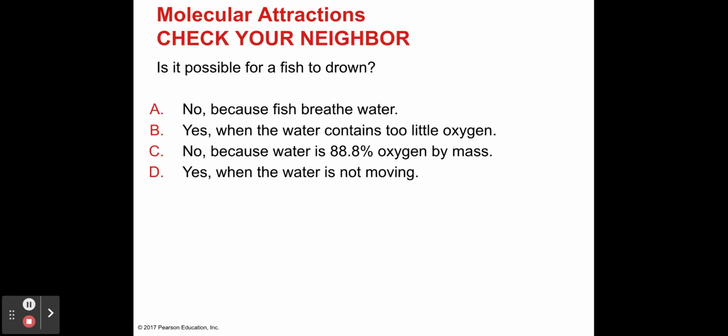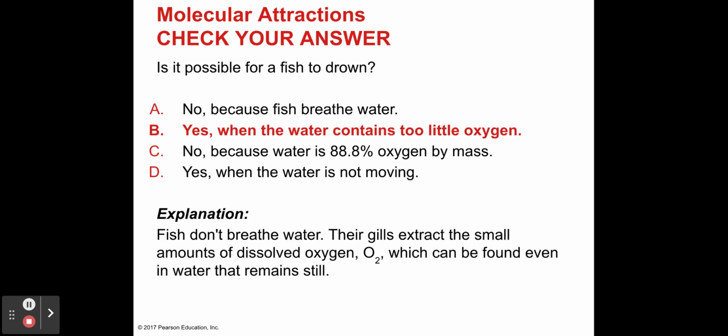Okay. So is it possible for a fish to drown? Yes, when the water contains too little oxygen. Fish don't breathe water. Their gills extract small amounts of dissolved oxygen, which can be found even in water that remains still.